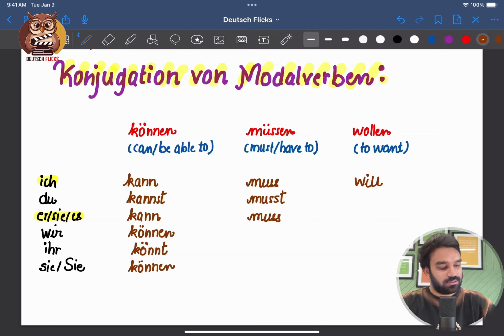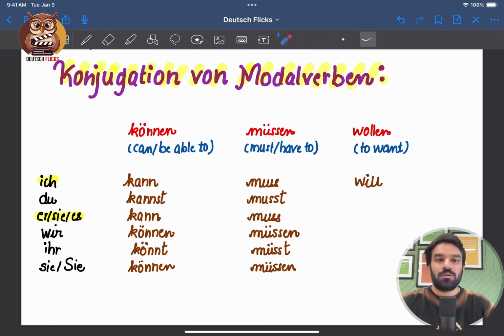With wir and sie, Sie, they are always sorted. We just copy paste the infinitive verb. So müssen, müssen. And with ihr, we take the root which will be now müss and then end it with t. So remember, this is called muss and this is müsst. Ich muss, du musst, er muss, wir müssen, ihr müsst, sie müssen.